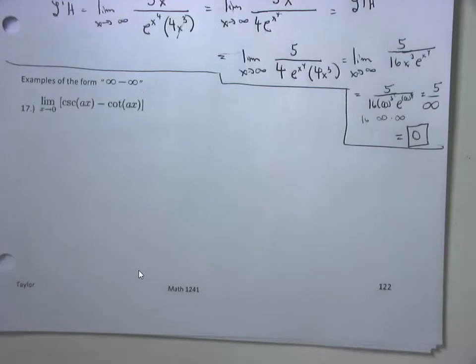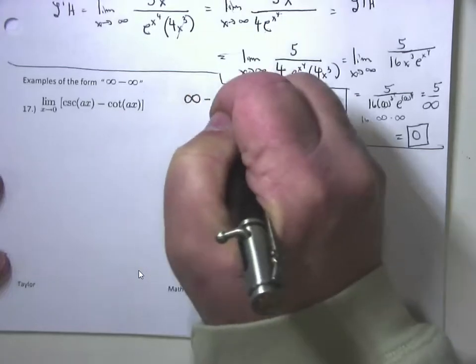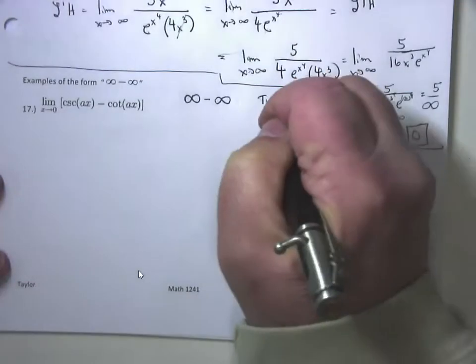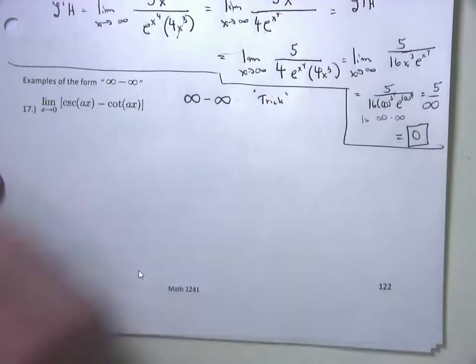Examples of the form infinity minus infinity. Here's the deal. The trick, if you want to call it a trick, is to do algebra on this thing.